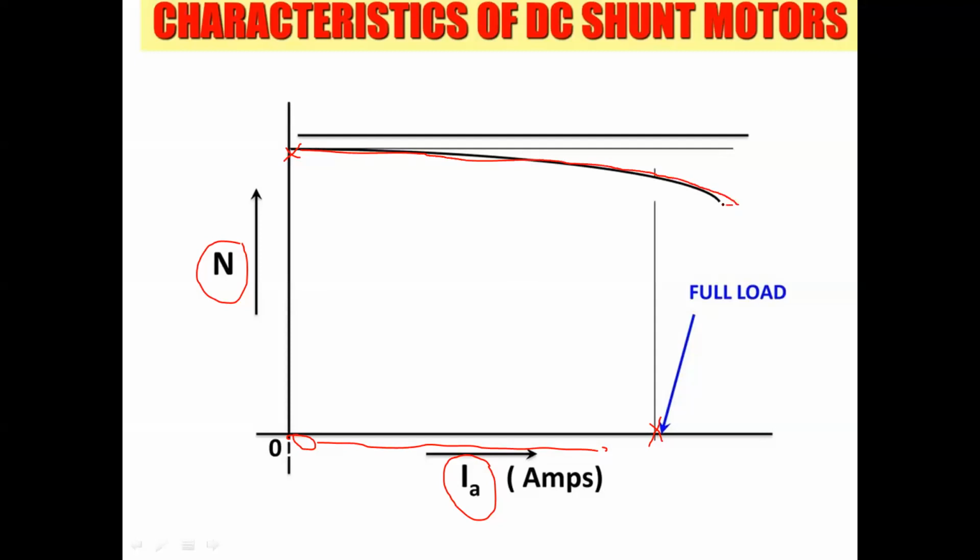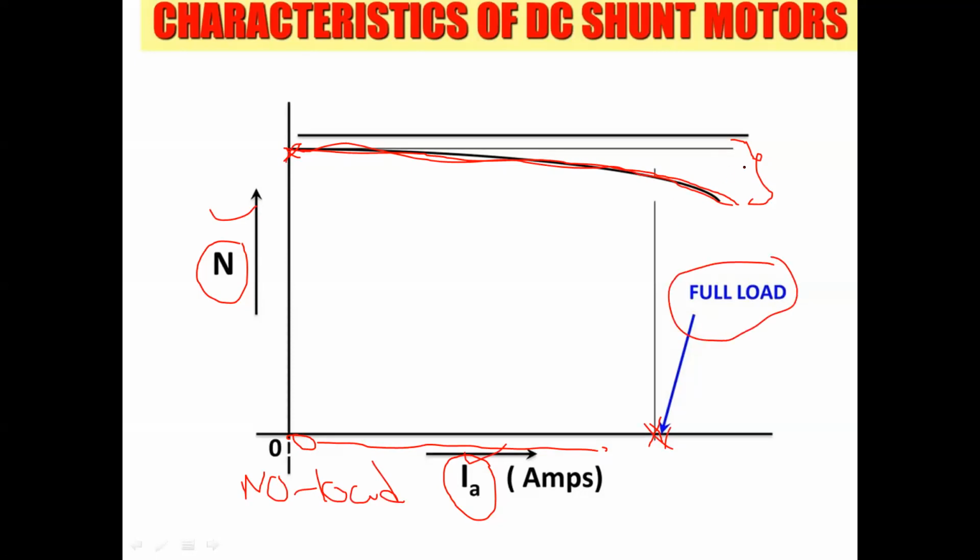So this is the path of the speed-armature current characteristics. Speed slightly decreases. Suppose this is at no load; load increases, and at this point it is full load.